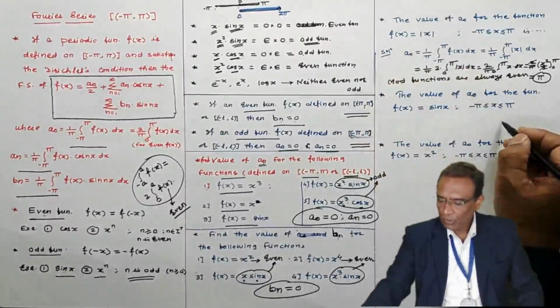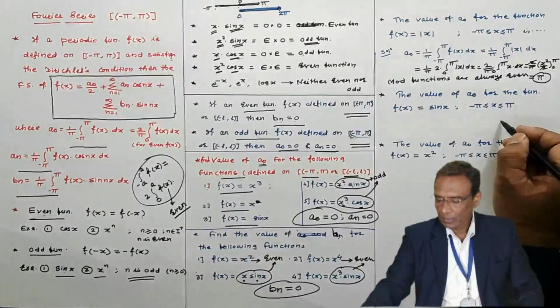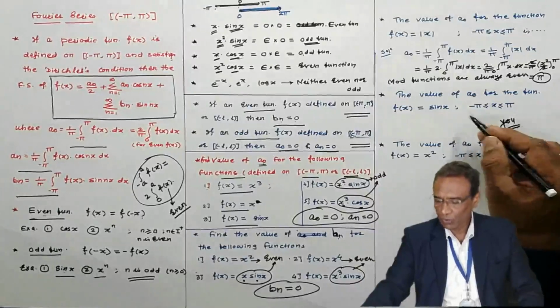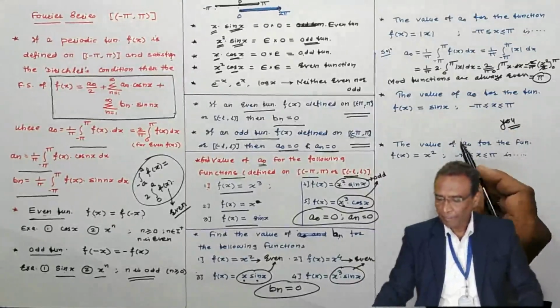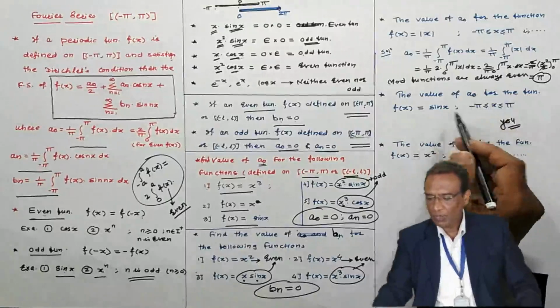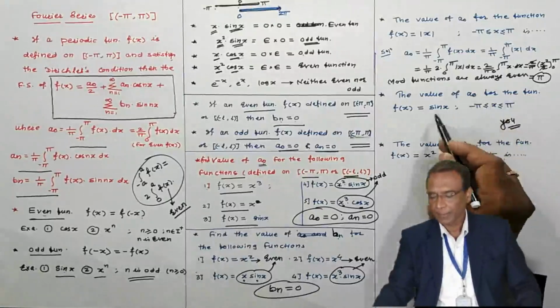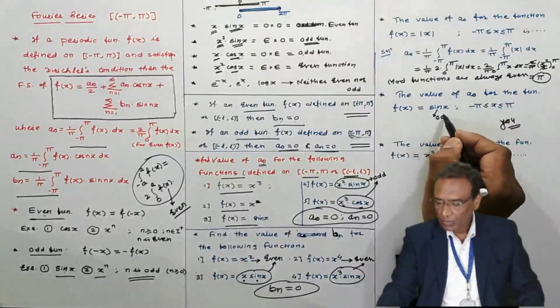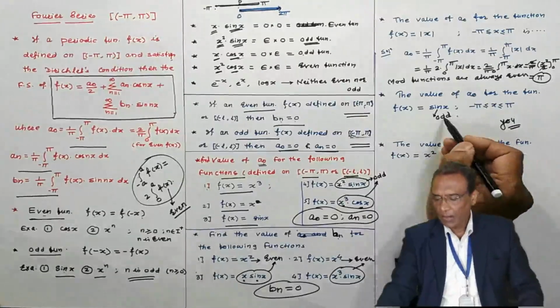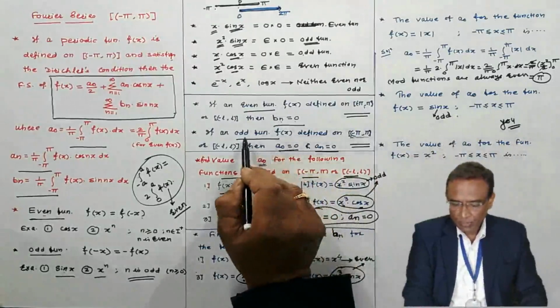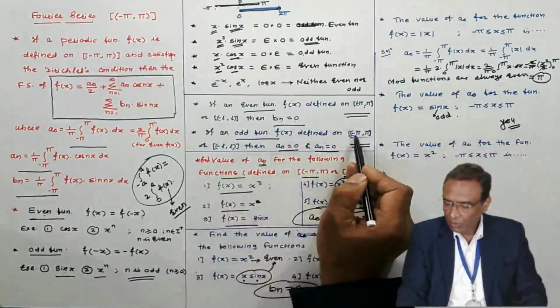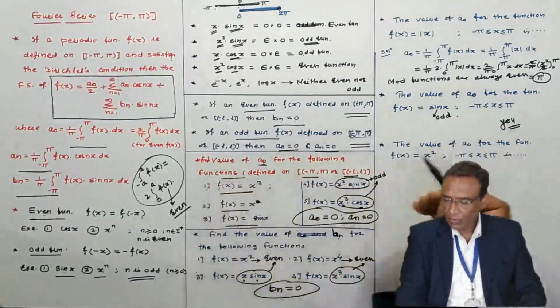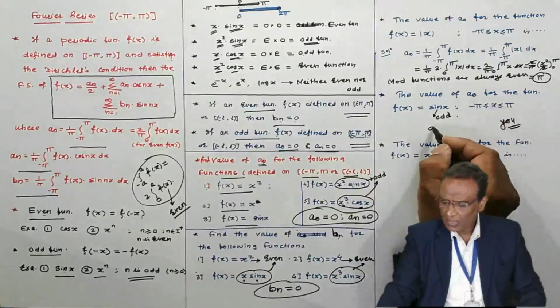Now this is for you. Just try to solve it on your own. This problem is for you. Now the value of a0 for this function: this function is an odd function, a sine function. When the function is odd, defined on minus pi to pi or minus l to l, the value of a0 is directly 0.